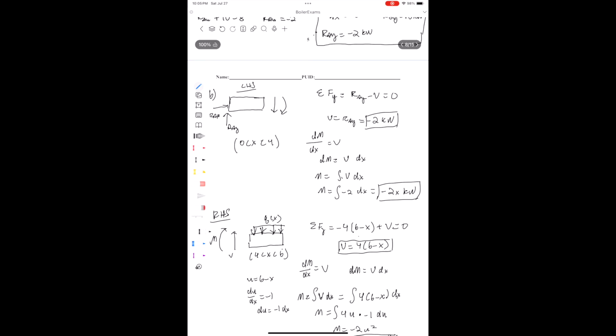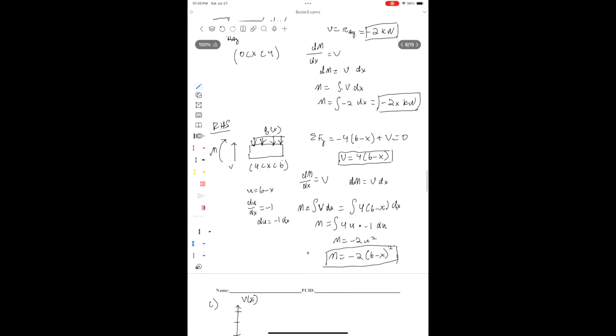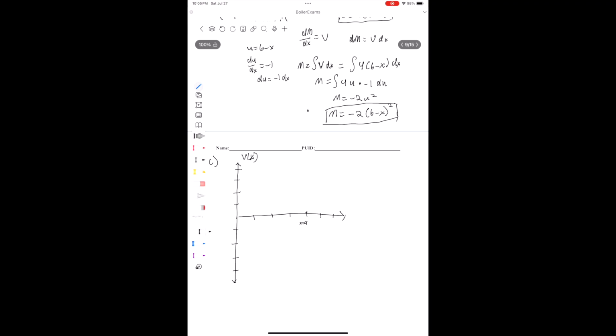Each of these equations for the left-hand side is valid for this portion of the beam. So from x equals 0 to x equals 4, our shear force is just -2. So we can just have this here.